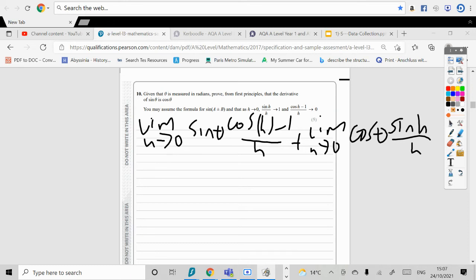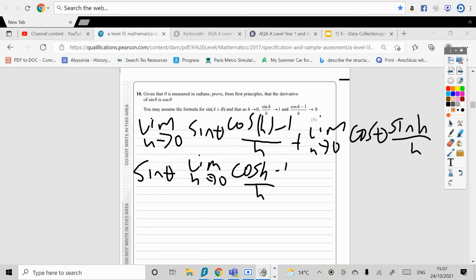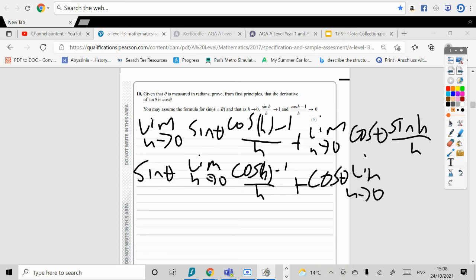Now, that's pretty good because it enables us to basically finish this. Now, I'm going to bring the sine theta out of the limit because otherwise I'll be taking that into account as well. Plus cosine theta limit h tends to 0 of sine of h over h.